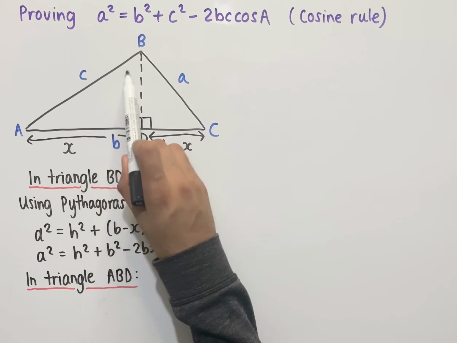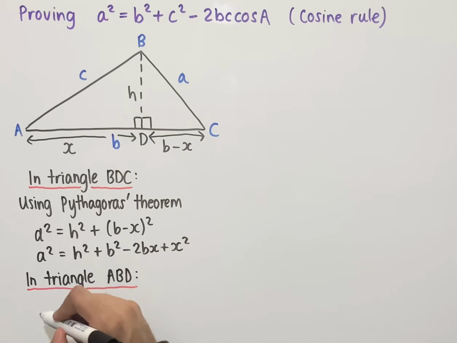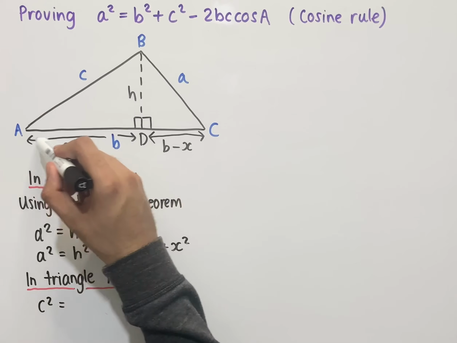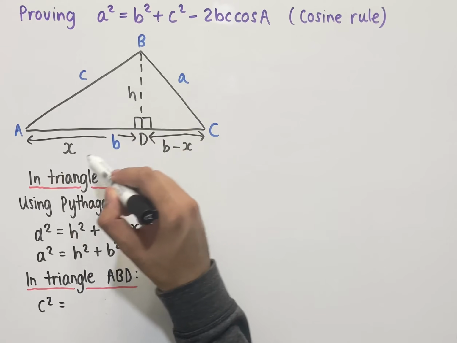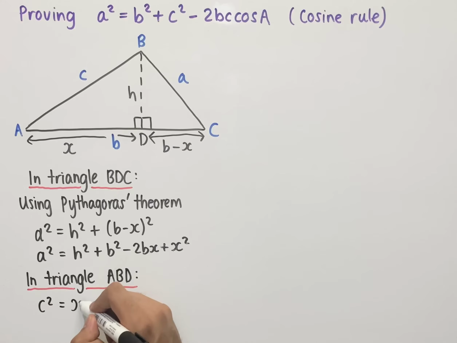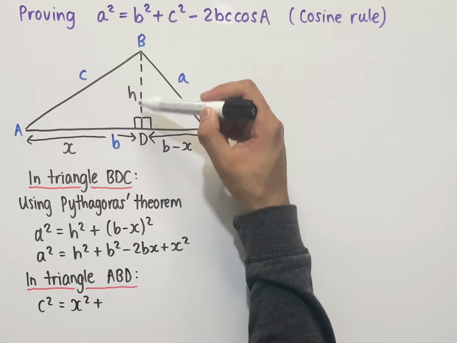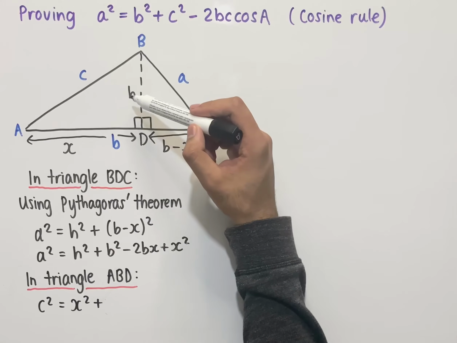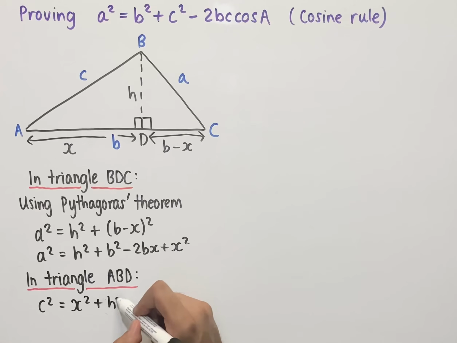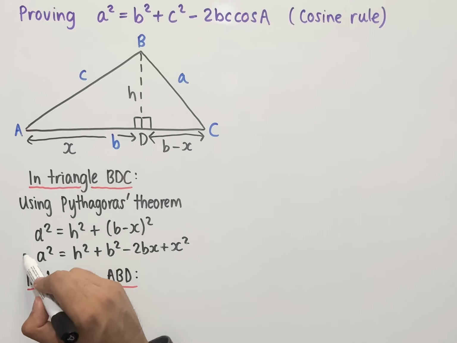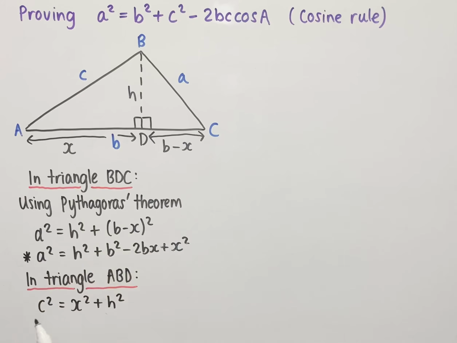So we have the hypotenuse squared, which is c squared, which equals the base of this triangle ABD, which is x, and we square that, plus the other side length or the perpendicular height of this triangle, which is h, and so we square that. We see that both this first equation and this second equation both have h squared in common.